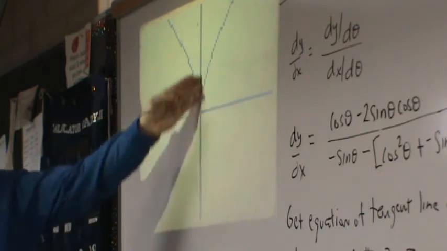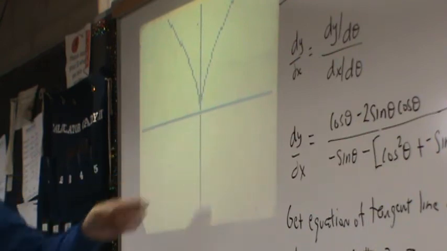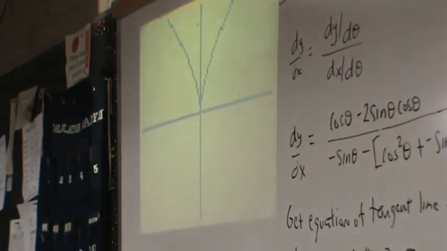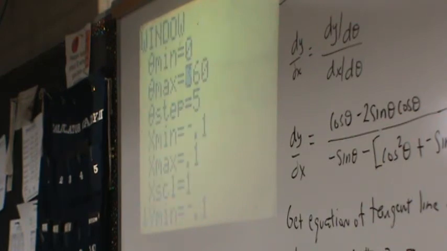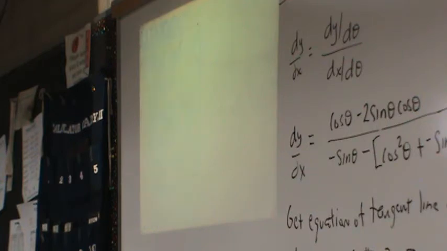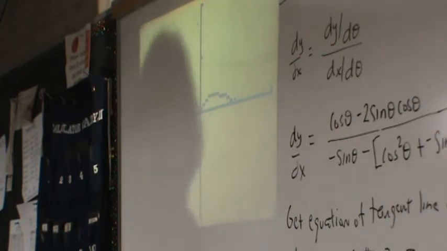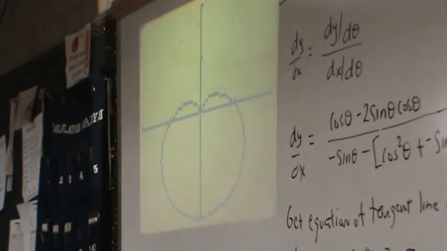So I do get a tangent line, a vertical tangent line of x equals 0. That's if I take a close-up of it. But if I go -2 to 2, then I end up getting this thing. Okay. So, well, shoot, guys. I spent a lot of time on that because that was kind of a tricky one.